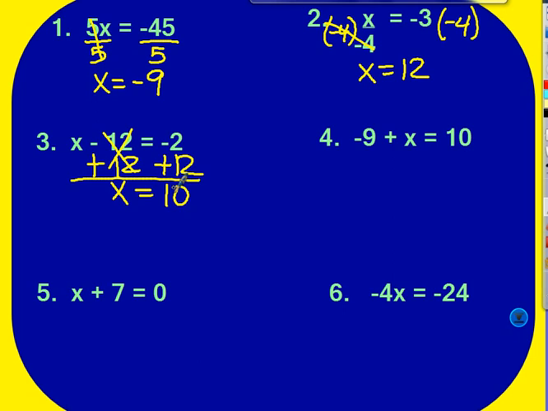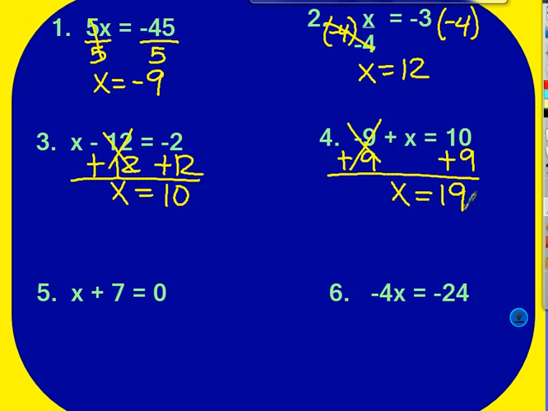Example number 4 has addition. I will remove negative 9 by adding its opposite to both sides. I added 9 to both sides and got x equals 19.